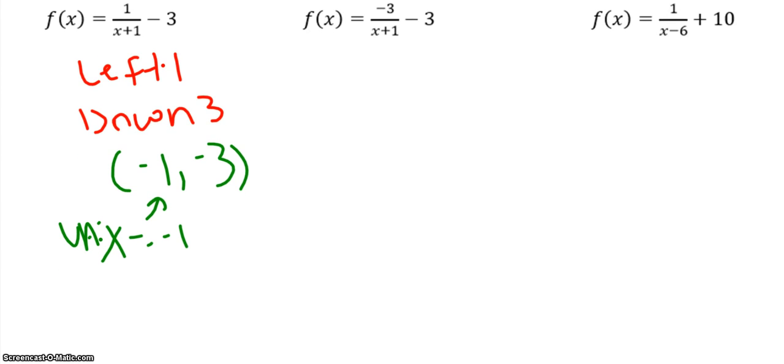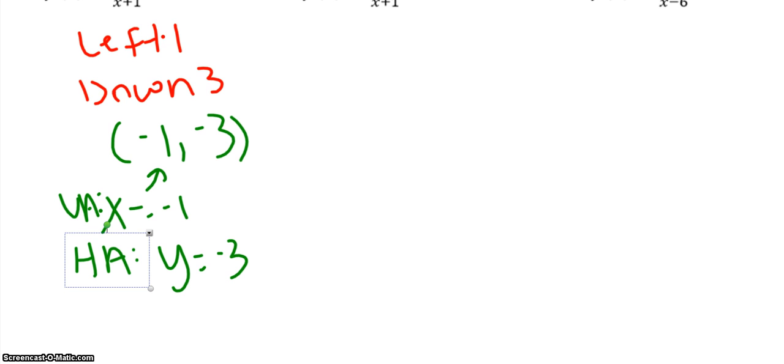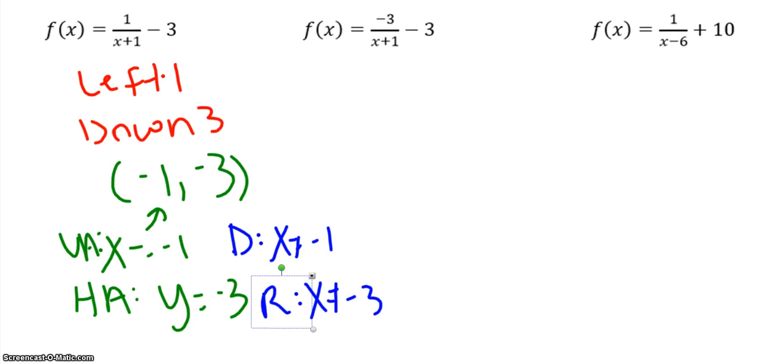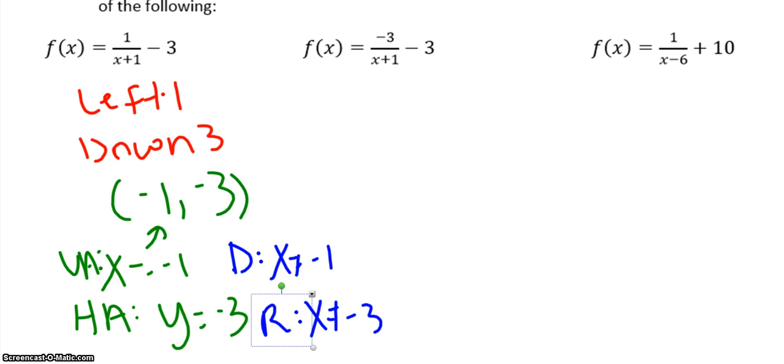Then our horizontal asymptote is our k, so y equals negative 3. And so for our domain, x cannot equal negative 1. And for our range, y cannot equal negative 3. Okay, this was all stuff that we did on like Tuesday, I think, last week.